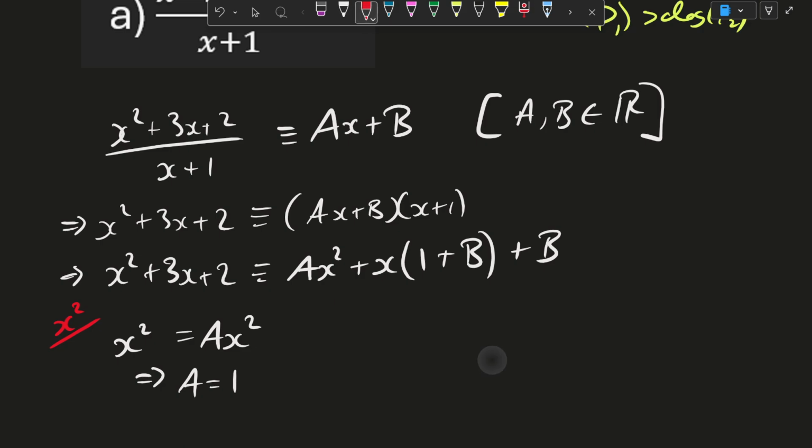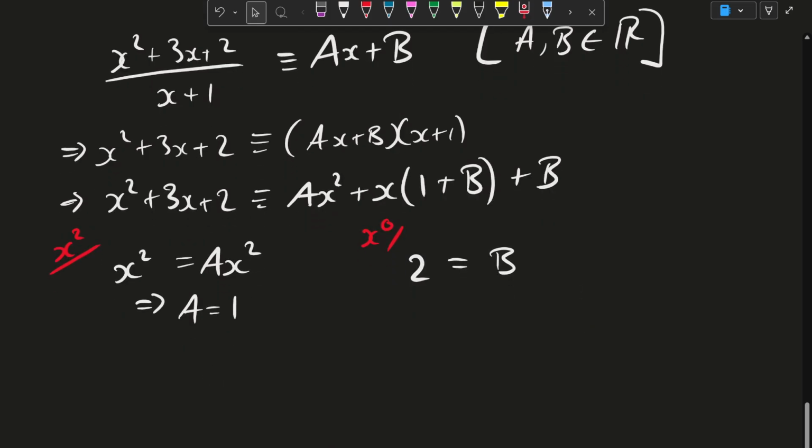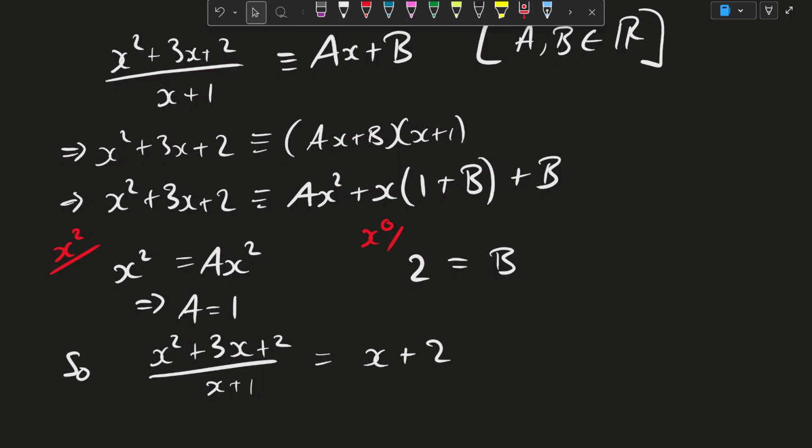And similarly, we were pretty much given the constant term for free, because the constant on the left has to equal the constant on the right. So in this particular instance, x squared plus 3x plus 2 all over x plus 1 is equal to x plus 2, subbing that information back in.